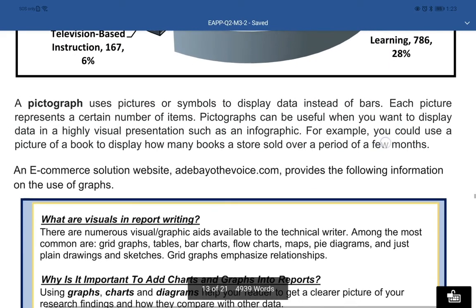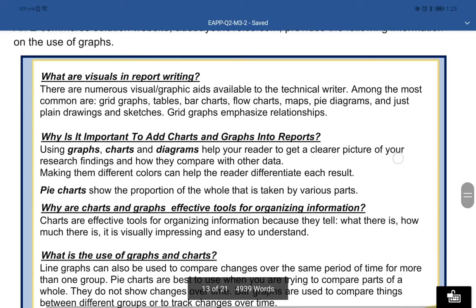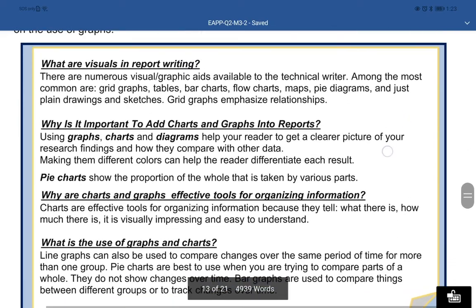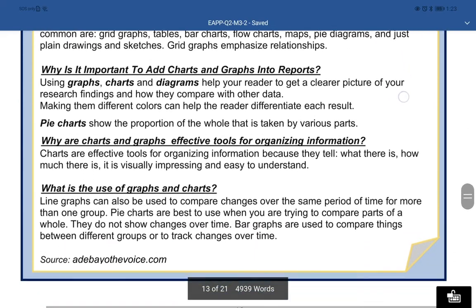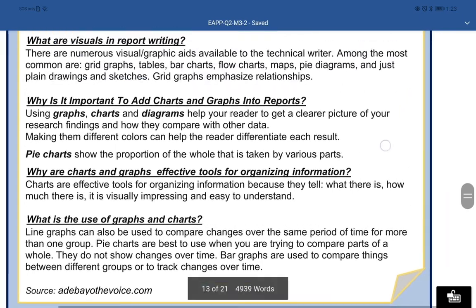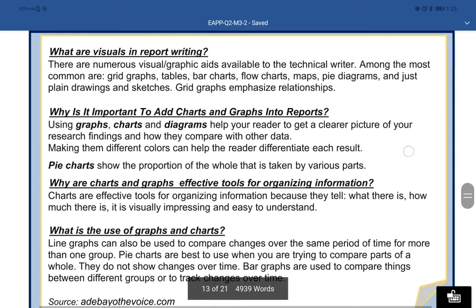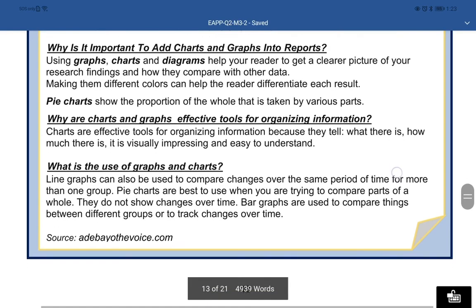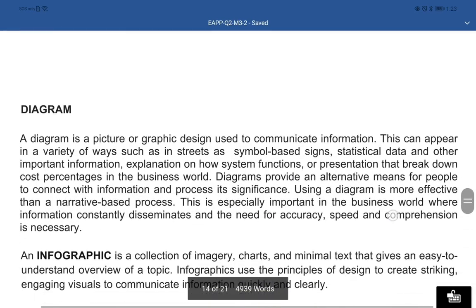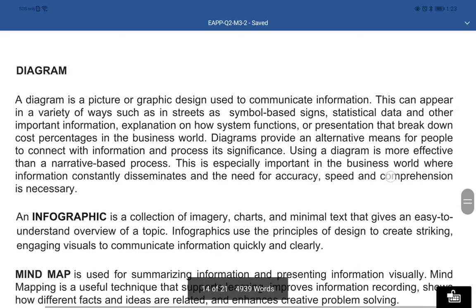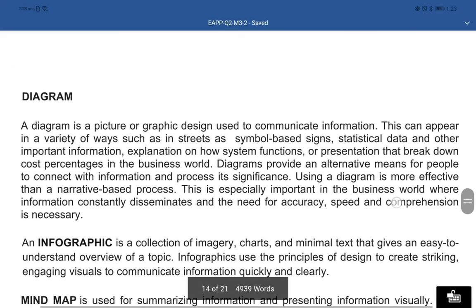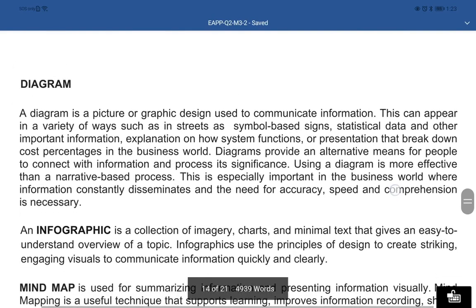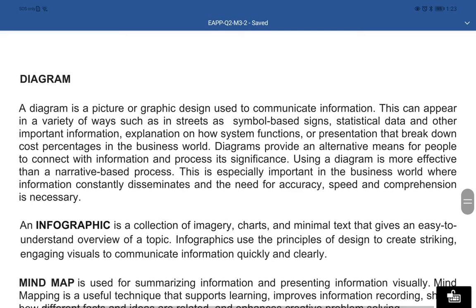Tapos, sa worm, after ng worm, may arrow na nakatutok naman sa bird. Kasi yung bird yung kakain ng worm. Tapos, after ng bird, may arrow ulit, nakatutok naman sa snake. Kasi yung snake ang kakain sa ibon. And then, yung snake naman, after ng snake, nakatutok naman sa tao. Kasi yung tao ang kakain ng snake. And so on and so on. Okay? So, yun yung klase ng pictograph.